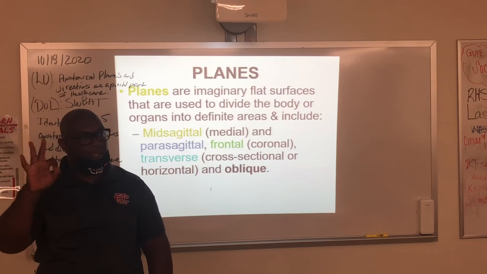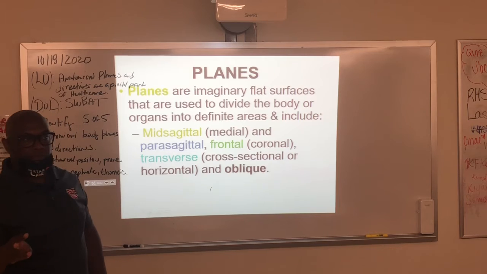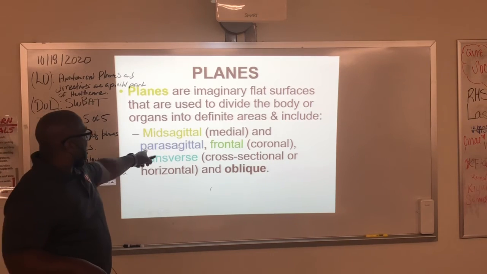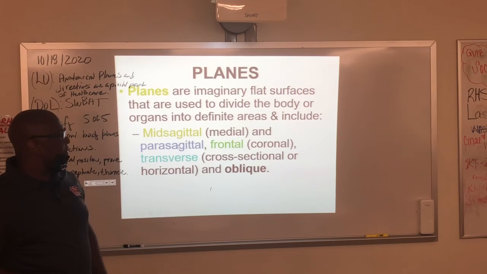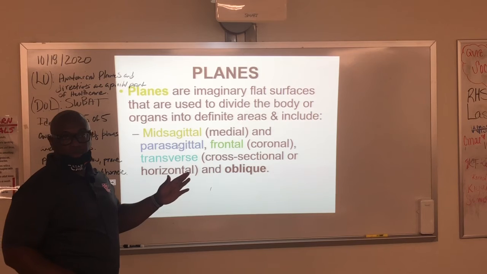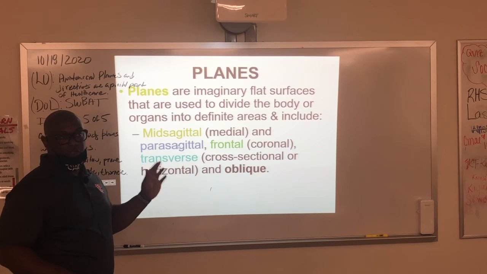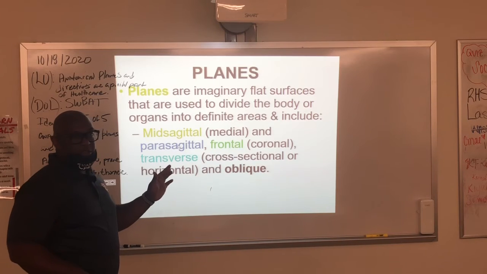We're talking about three planes: mid-sagittal, frontal, and transverse. Mid-sagittal divides the body into left and right equal halves. Frontal or coronal, frontal and coronal are the same word, spelled different, same meaning.